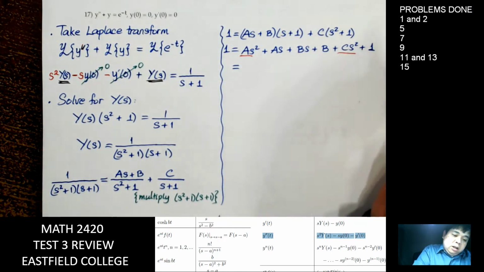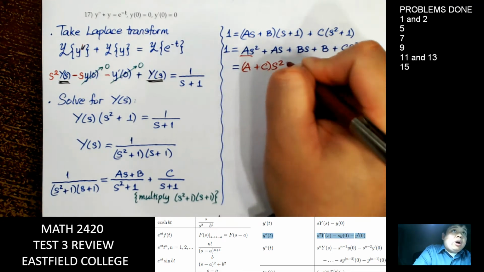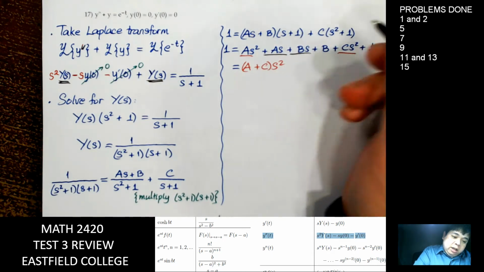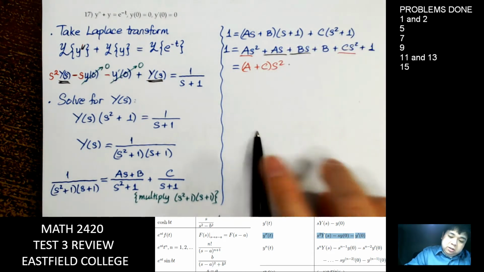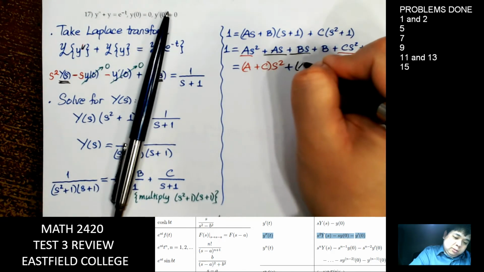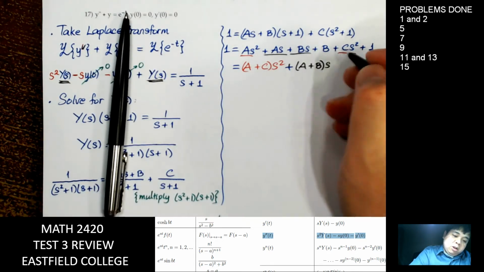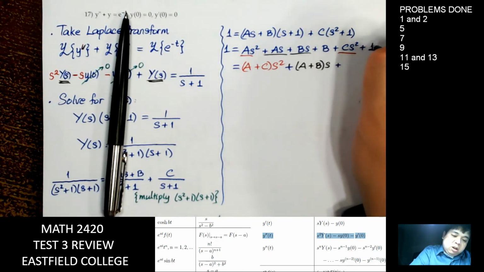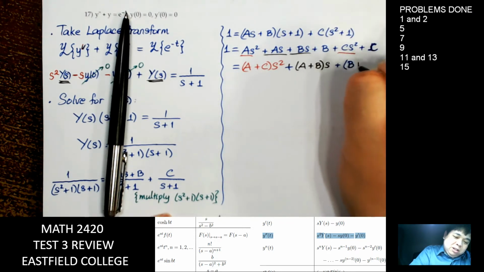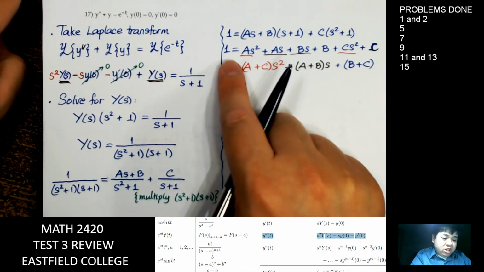The s squared has a plus c, the s has a plus b, and the constant is b plus c, sorry, it's not plus 1, it's plus c. Now we match that with the polynomial on the left, which is just 1.